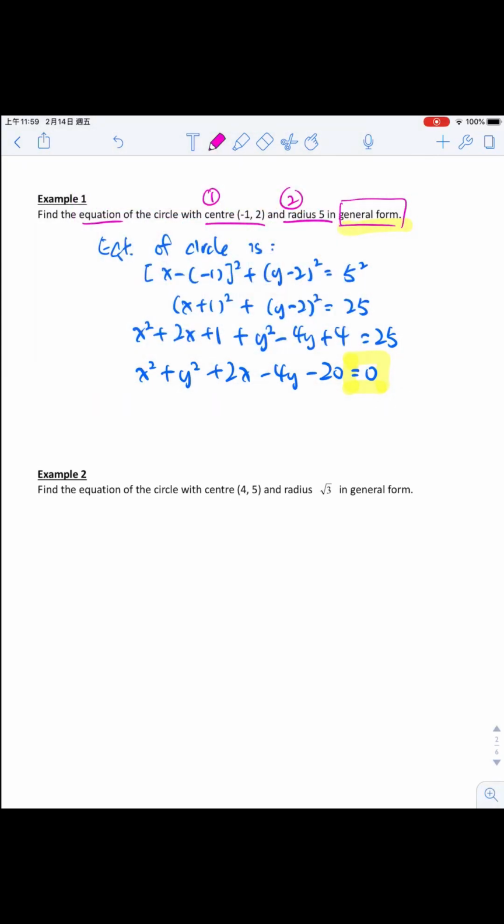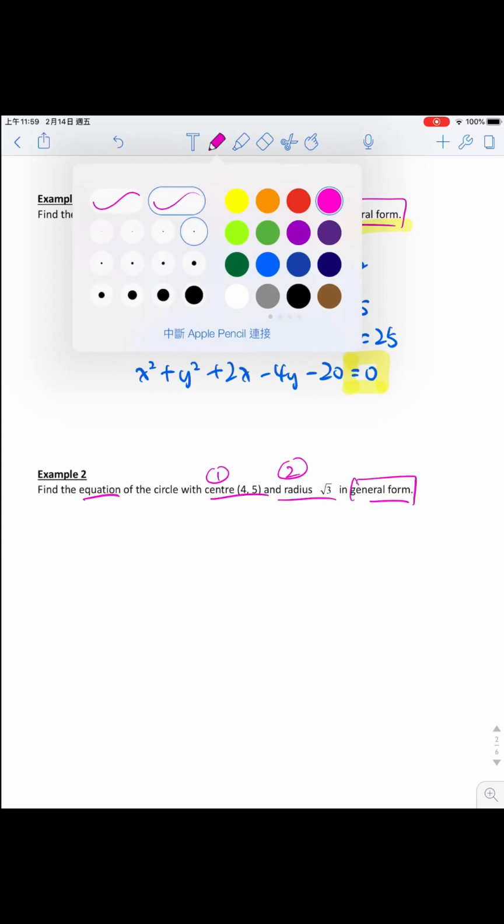Now, example 2. Still, we have to find the equation of circle in general form, and we are given the center and the radius. Can you try yourself?